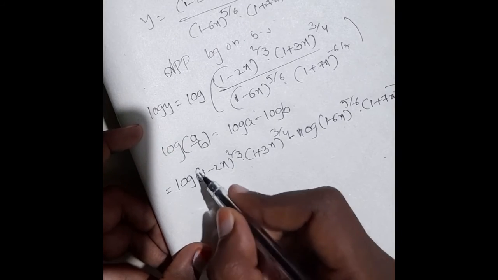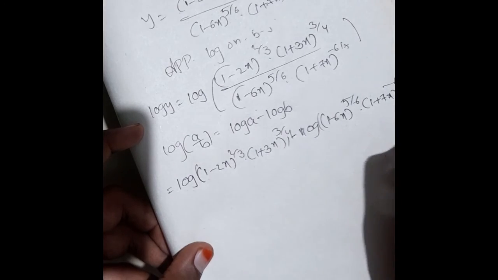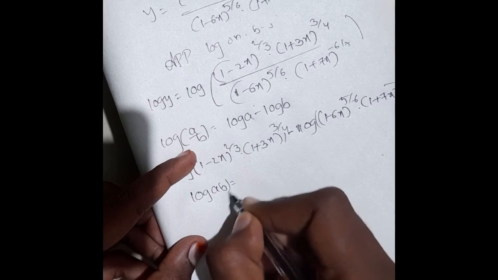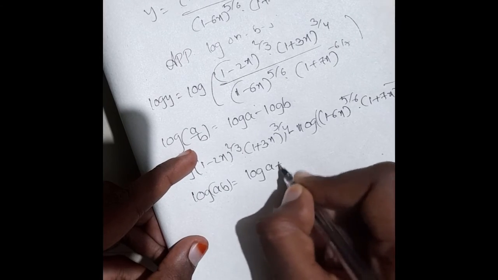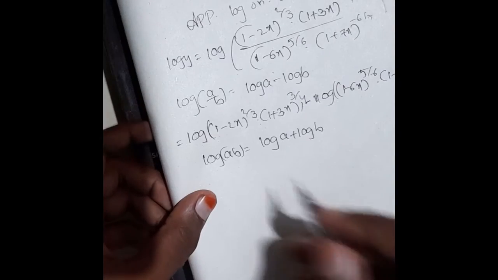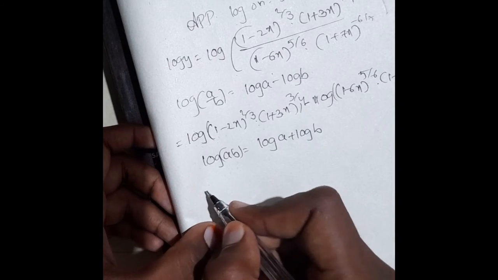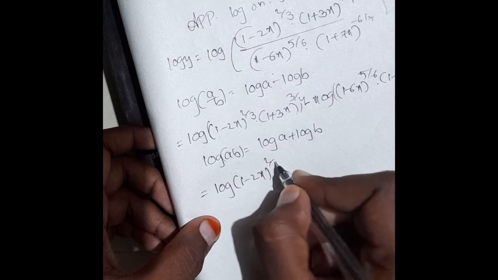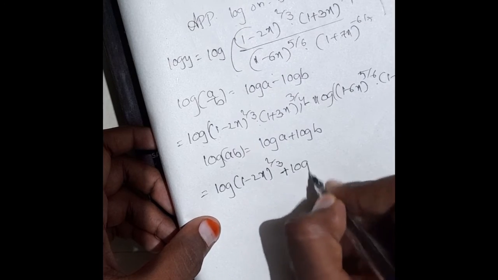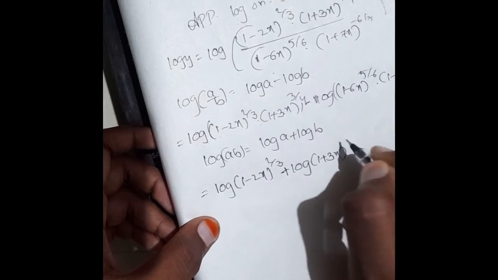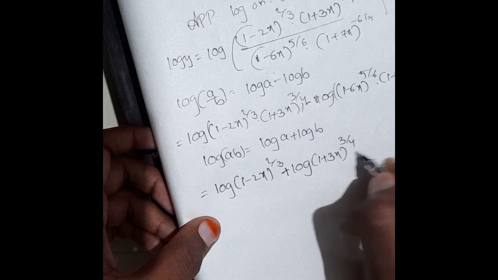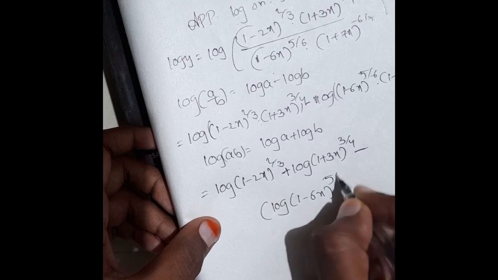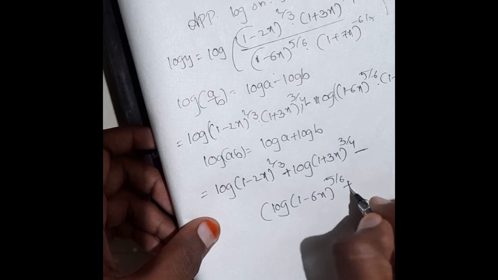Now this is like log ab. What is the formula of log ab? Log a plus log b, right? Now this is a, this is b. So log a plus log b, minus the same, log a plus log b.